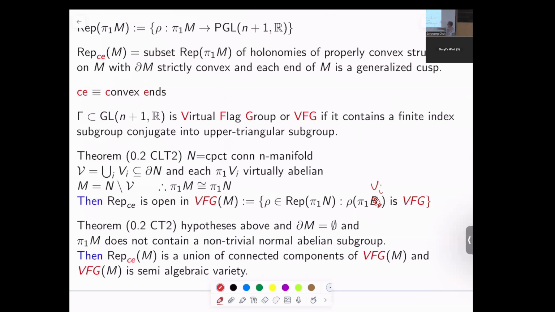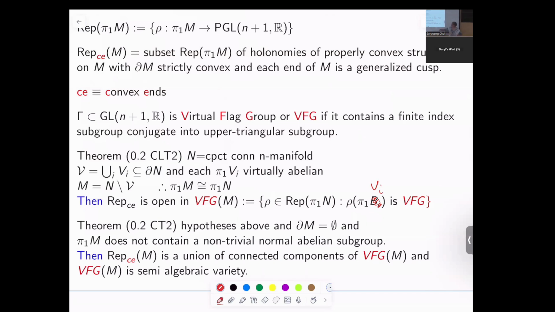So that's another way to say virtual flag group. That's the openness condition.